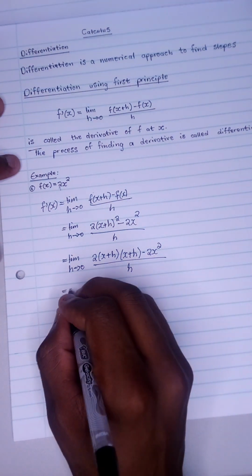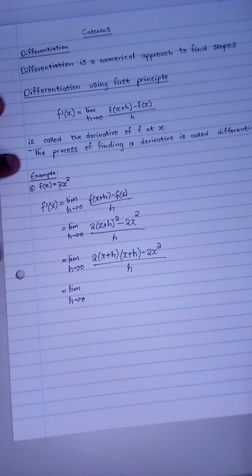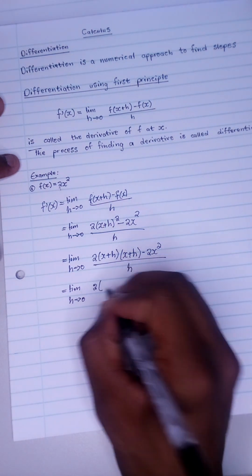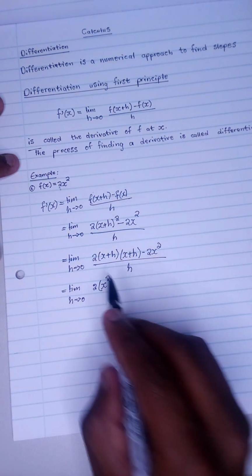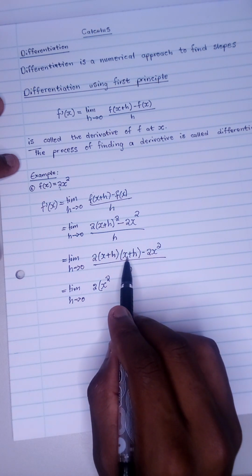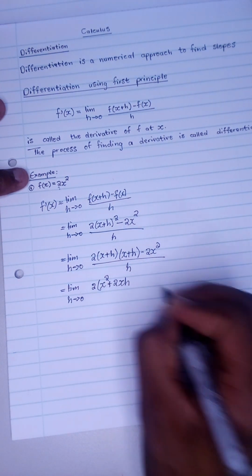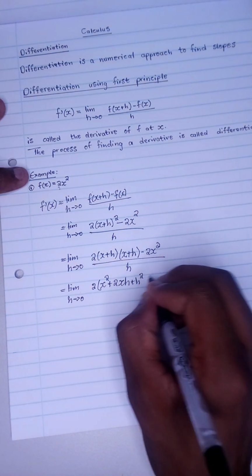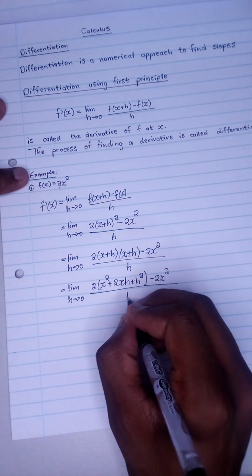Then ngiyehle no-limit when h approaches u0, then ngiyosimplifya manje lapha, so lo 2 lo ngizomiyekela anjalo kwamanje, ngizombhala ngaphandle njengoba anjalo, then ngisimplify lama brackets lawa ayi2, so kuzoba u-x times x, ngizothola u-x squared, ngibe no-x times h, ngizoba no-xh, ngibe no-h times x, ngizoba no-xh again, then u-xh plus xh ngizothola u-2xh, then ngithi h times h ngizothola u-h squared, close my brackets, then minus loya 2x squared divided by u-h.